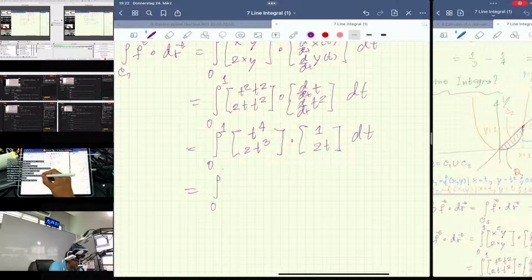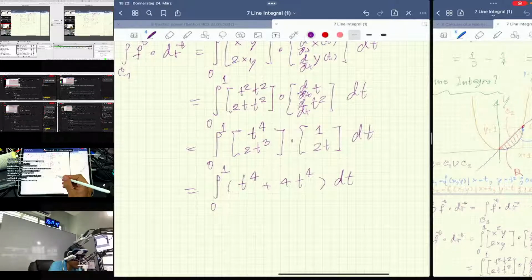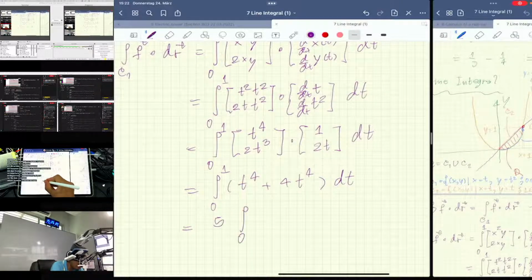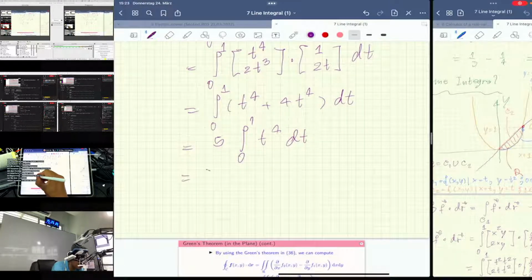0 to 1 of t to the 4 plus 4t to the 4. So it's 5t to the 4. So you have integration 0 to 1 of 5t to the power 4 dt, and you end up with 5 and 1 by 5 t to the 5.